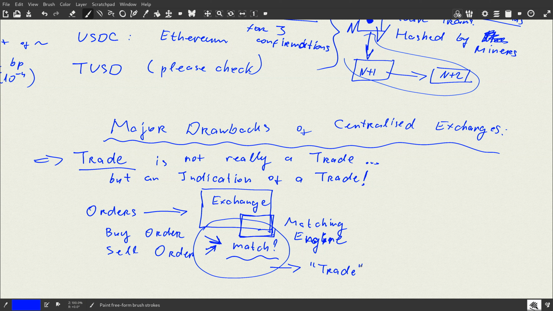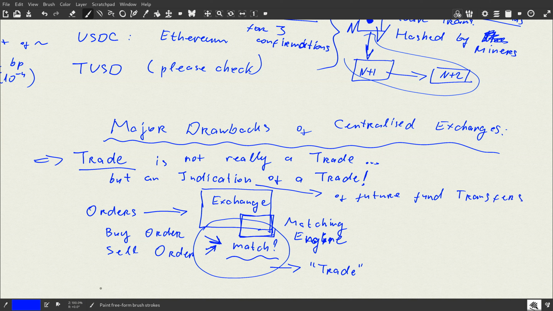At this very moment, it is only an indication of future fund transfers. Not immediately.